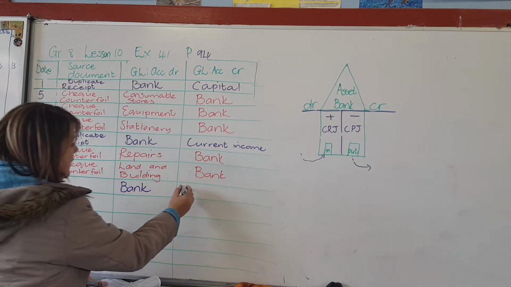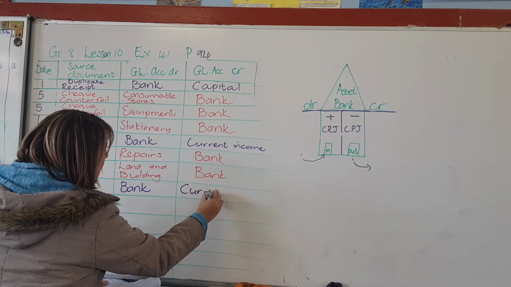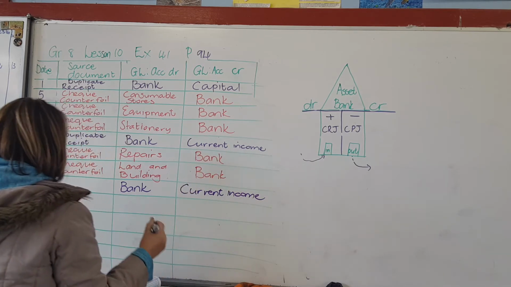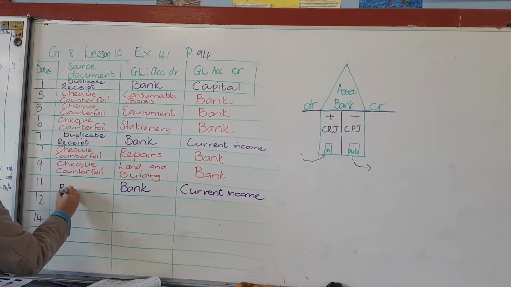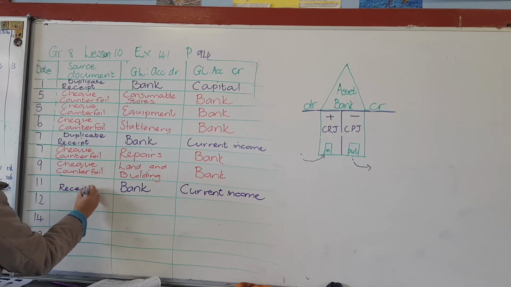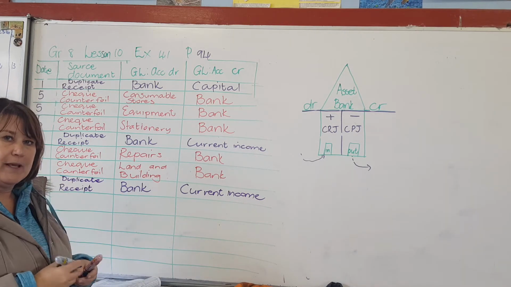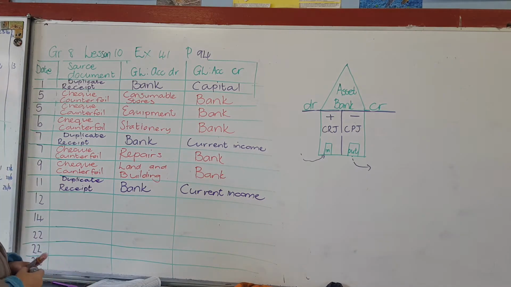Service rendered is going to be in your current income column in your CRJ. So you're going to issue a receipt and give the original to your client, and the business will keep the duplicate as a source document.